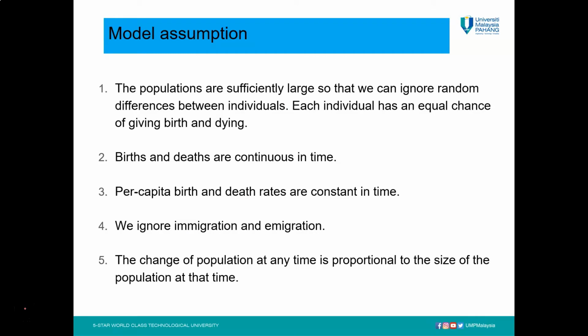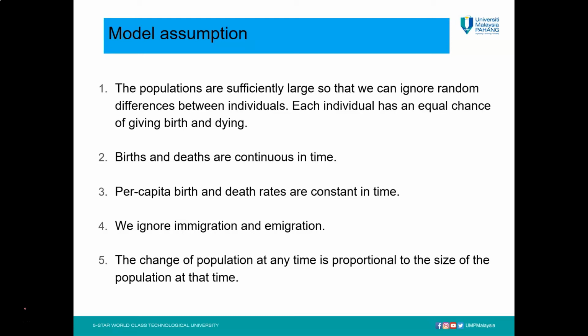In every model, the underlying assumptions are very important as they will give the direction to the model. We make the following assumptions and then, based on this, develop a model to describe the process. Assumption number 1. The populations are sufficiently large so that we can ignore random differences between individuals. Each individual has an equal chance of giving birth and dying. Assumption 2.